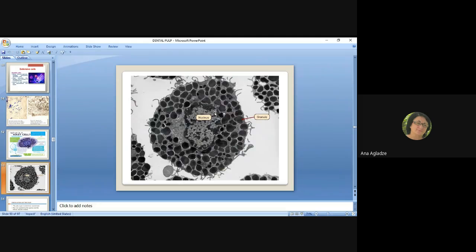And here is an electron micrograph of these mast cells, and you can see the exaggerated specific granules with this mediator of inflammation.